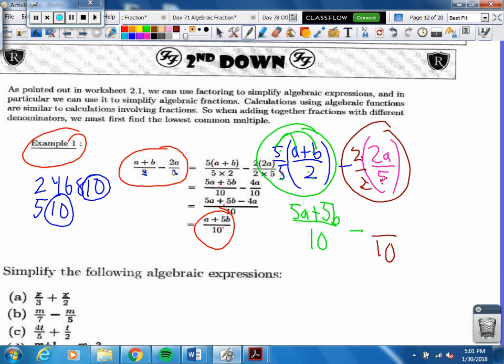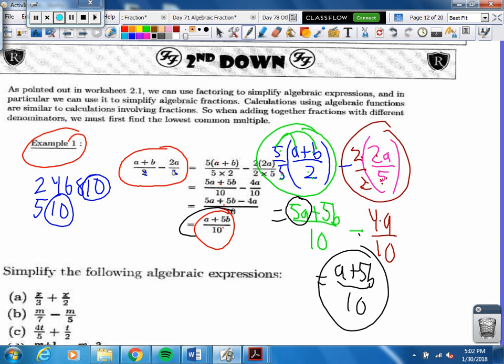And then I got 2 times 2a, so that's 4a. Okay, so now I got my common denominator looking good. So, equals, now I just combine like terms. 5a minus 4a is just 1a. And there's no like term with 5b, so I'm just going to put that there, and whoop, I got it. All right, you got the answer. Nice job.